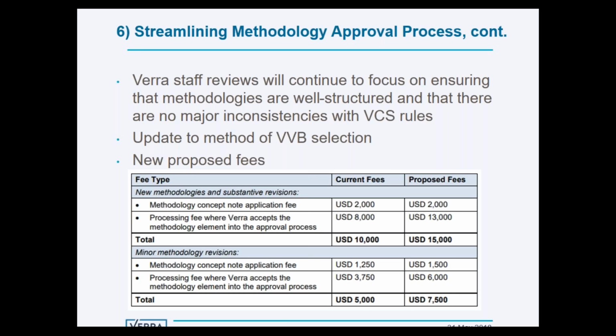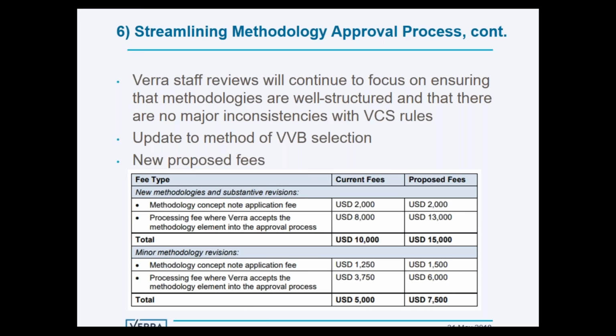Again, as those of you familiar with the process will know, for what is currently the second VVB assessment, Verra contracts directly with that VVB, and we would envision that continuing. The change would be that rather than the methodology developer putting out a request for proposals to VVBs and then essentially selecting their preference of VVB, Verra staff would actually take the lead in putting out RFPs to all eligible VVBs that could possibly do the methodology assessment.